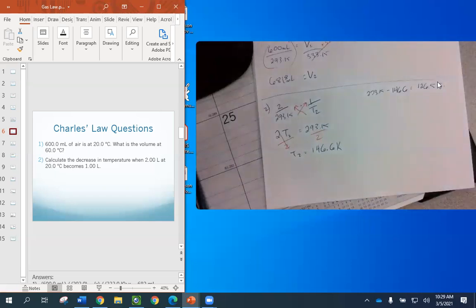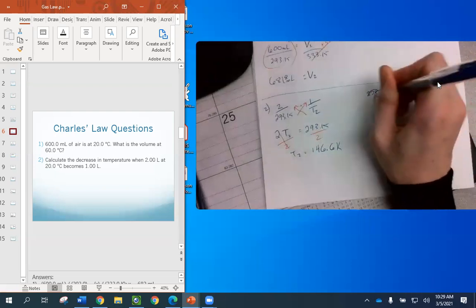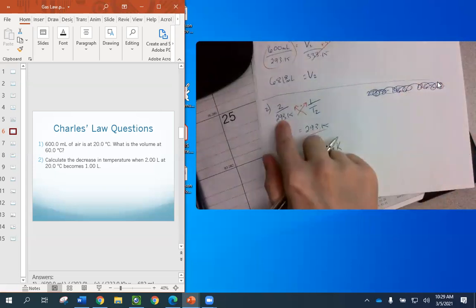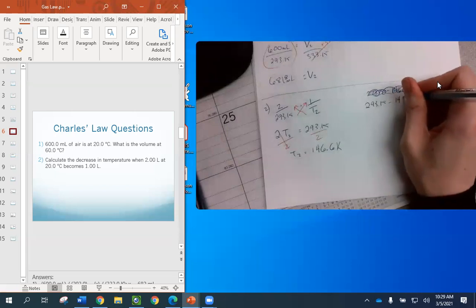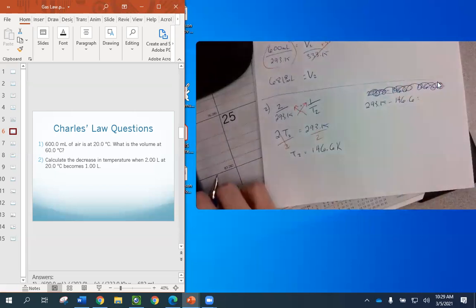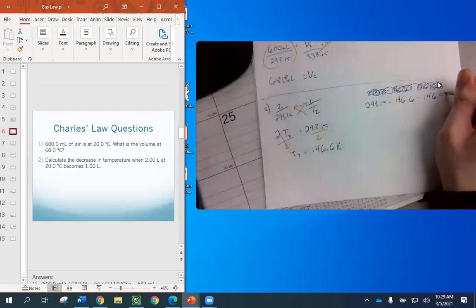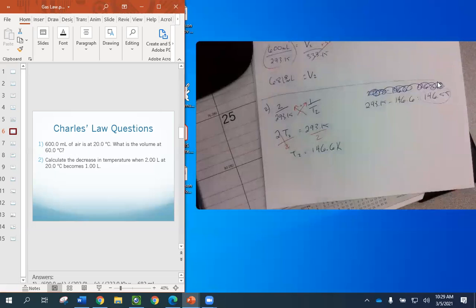And actually, sorry, before I do that, it doesn't just want what my new temperature is, it wants the decrease in temperature. So I started at 293.15. I will subtract the 146.6 from that. So 293.15 minus 146.6 is 146.55. And then I can convert that decrease in temperature into degrees Celsius.